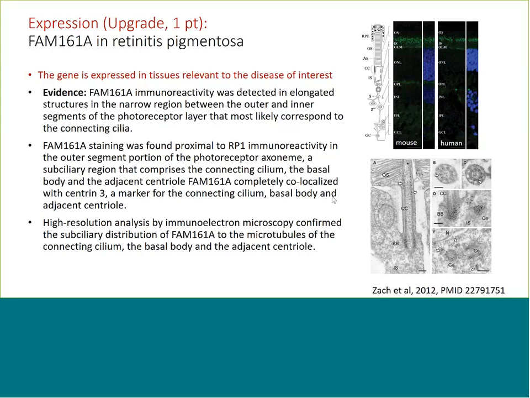I feel like you can max out expression pretty quickly. For hearing loss, it's a little difficult because you often don't have human expression unless it's fetal cochlea, because it just degrades too quickly when someone's deceased. But often, if we have multiple expression types, maybe we'll try to go across species, depending on if it's a definitive gene curation. We've seen things like mouse and guinea pig and so on.